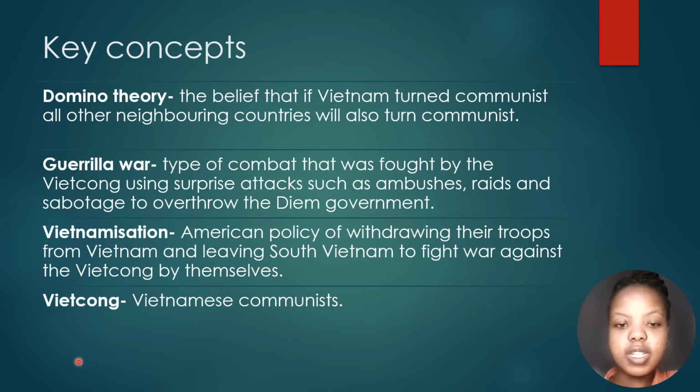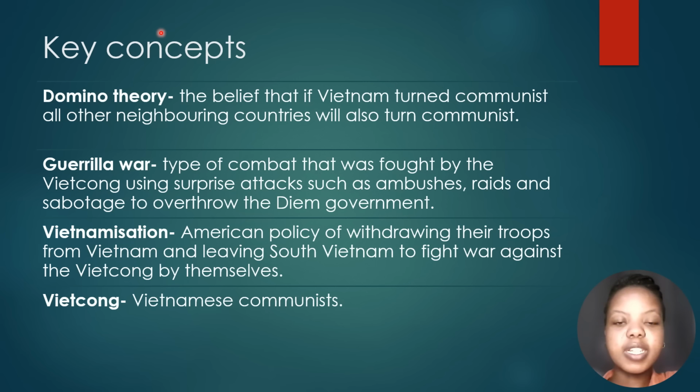Let us move on to these definitions. These definitions are equally important. Let us explain them quickly because you will need to use them in this essay. So the domino theory was the belief that if Vietnam turned communist, all other neighboring countries will also turn communist. And then a guerrilla war, it was a type of combat that was fought by the Viet Cong using surprise attacks such as ambushes, raids, and sabotage to overthrow the Diem government.